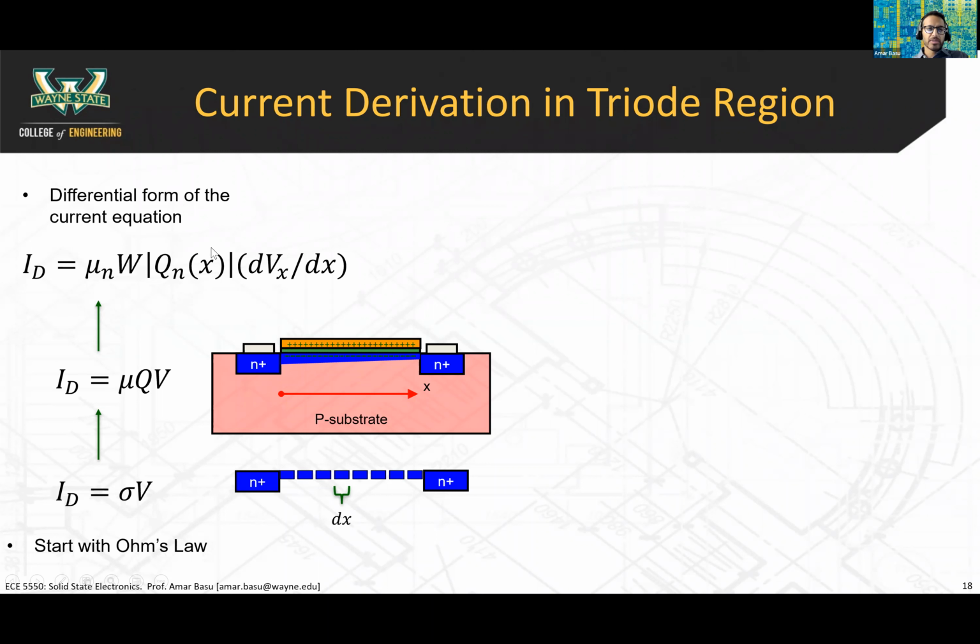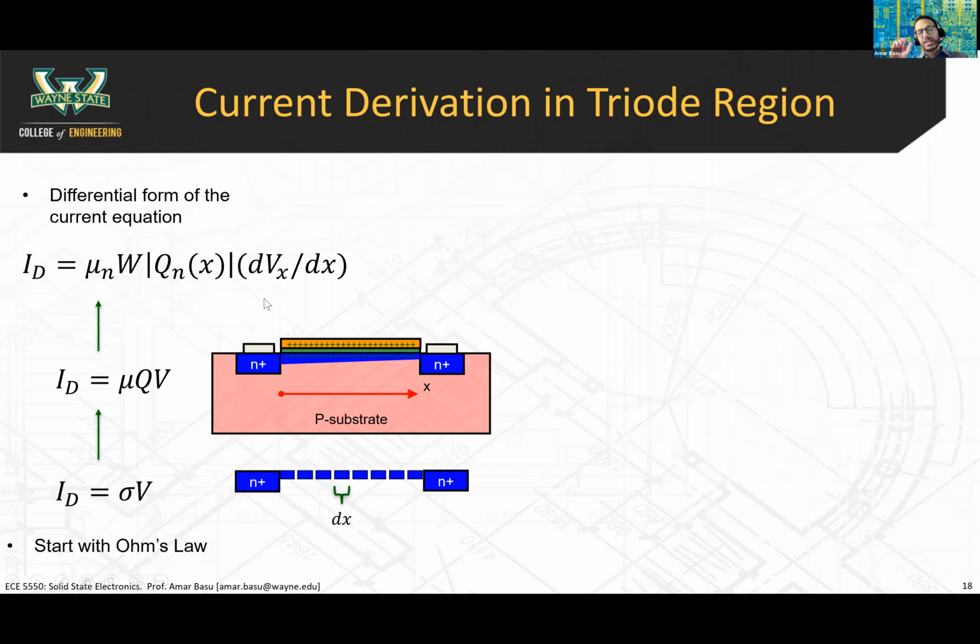Qn of x is the charge density as a function of x. So this is the intuition here: remember, we have a lot of charges on this side, fewer charges on the right side. And then dV dx is the voltage drop across this resistor. That's the dV dx there.